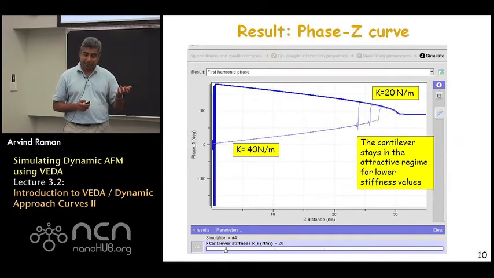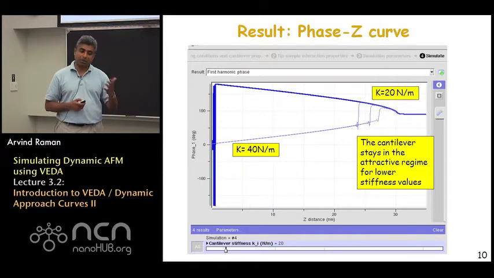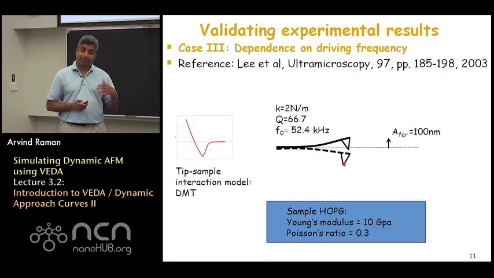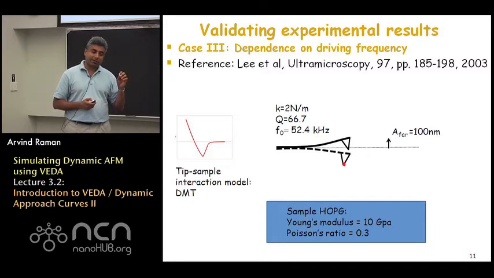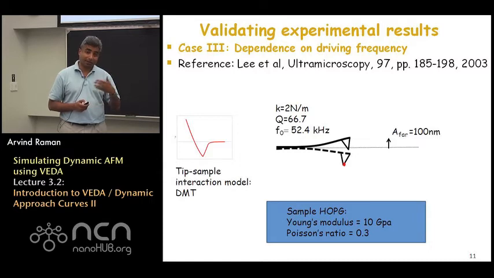By examining the phase, again, you can see that in the smallest stiffness case, the phase lag remains positive throughout, and the average forces also remain positive, suggesting that a softer cantilever would also lead to more chances for the microscope to be operating in the attractive regime of oscillation.